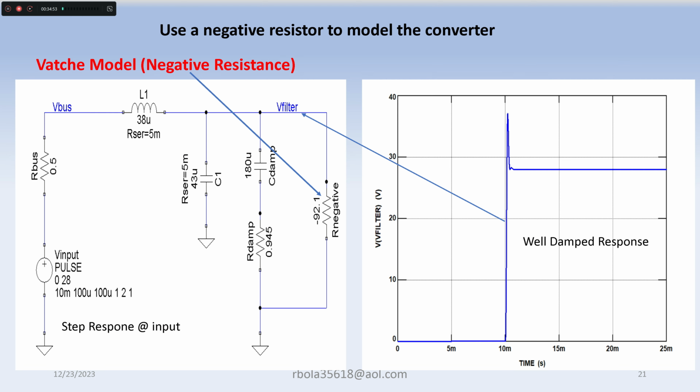Okay, so here we have the input filter along with the damping circuit, and instead of having the current source, we take the current source and we put a resistor in its place, and we assign it a value of 92. This is actually a nice way to model the converter as well.